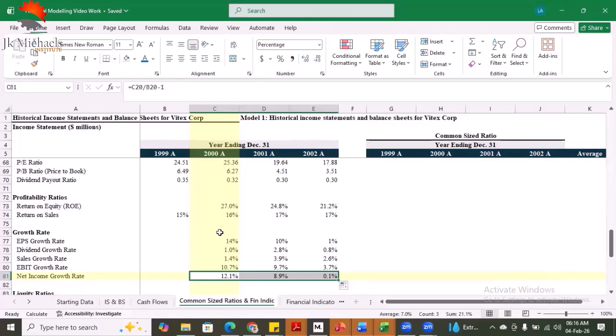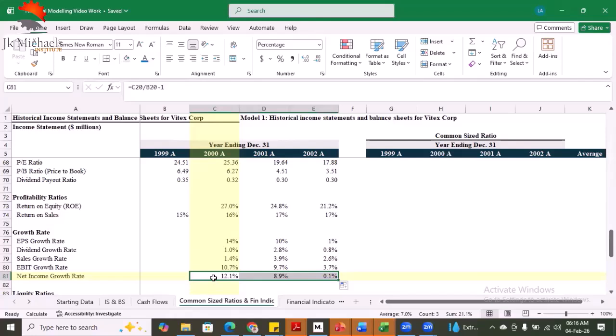In 2000, you can see the net income grew by 12%, and then in 2001, it grew by 8%. And then in 2002, it stalled. Net income growth stalled. Sales, however, increased from 1.4 to 3.9%, which was the best year in 2001, and then reduced in 2002 to 2.6.